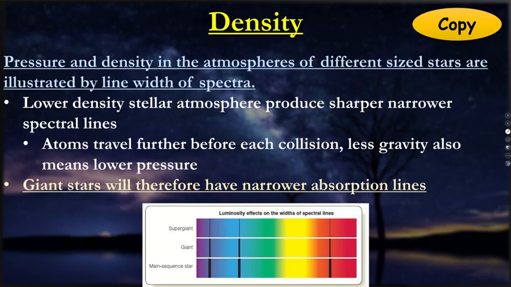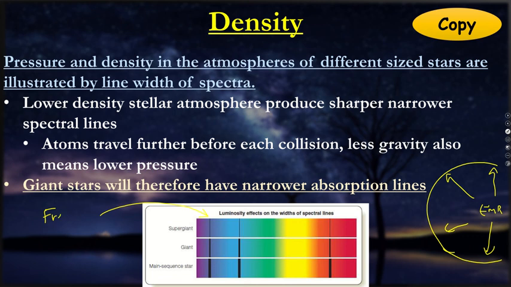So if you can imagine, you have a really big star, and the electromagnetic radiation is moving in all directions. The thickness of the star tells you the frequency of absorption in a sense. And this makes sense.